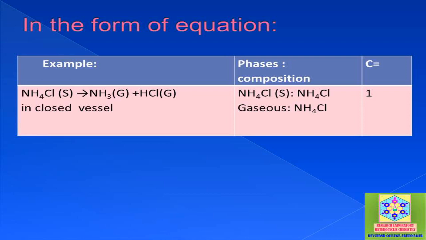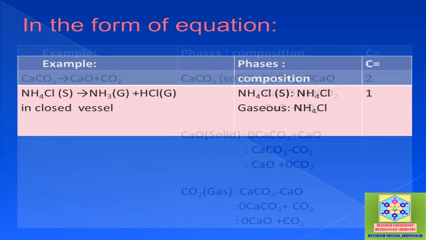And therefore the mathematical sum of these two formulae will be NH4Cl. So a single formula NH4Cl is sufficient to describe the composition of solid ammonium chloride and the gaseous phase present in this system. So C is equal to 1.